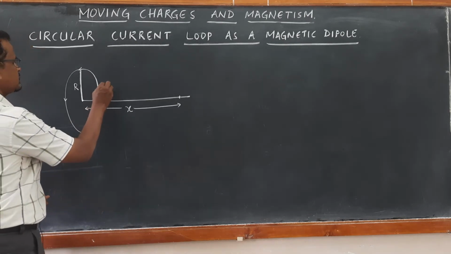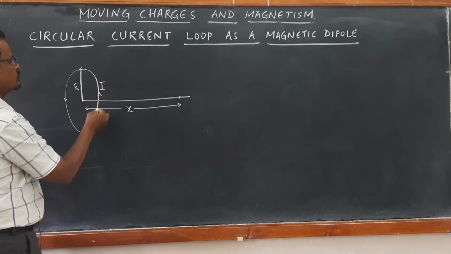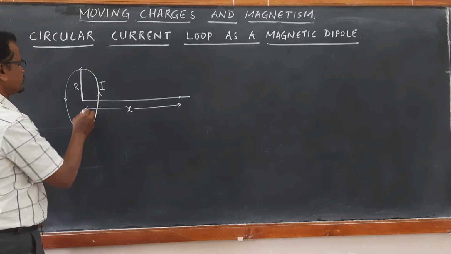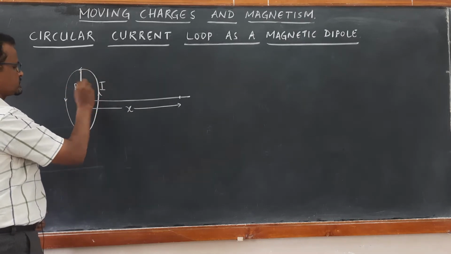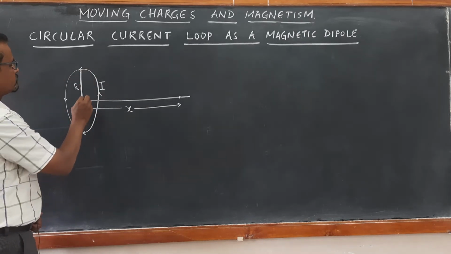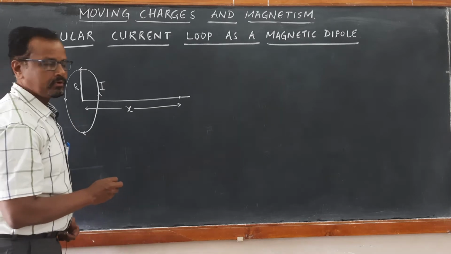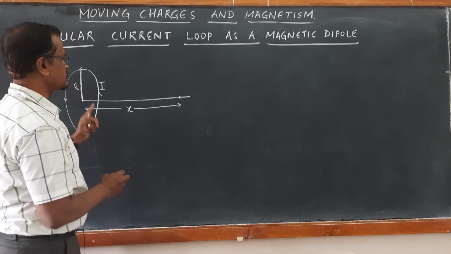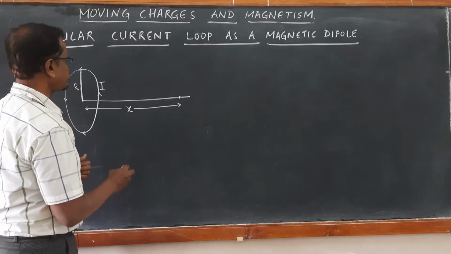Let us consider a circular loop of, let us say, a single turn carrying current in the anticlockwise sense, and earlier we have found the magnetic field due to this circular loop.